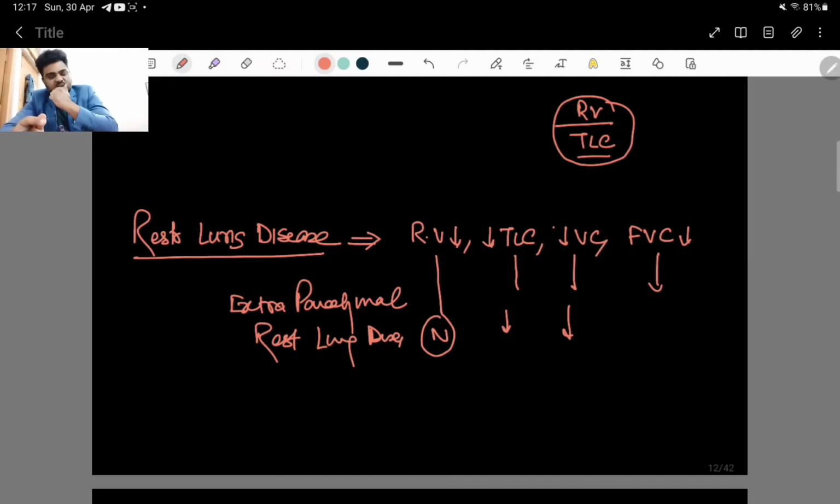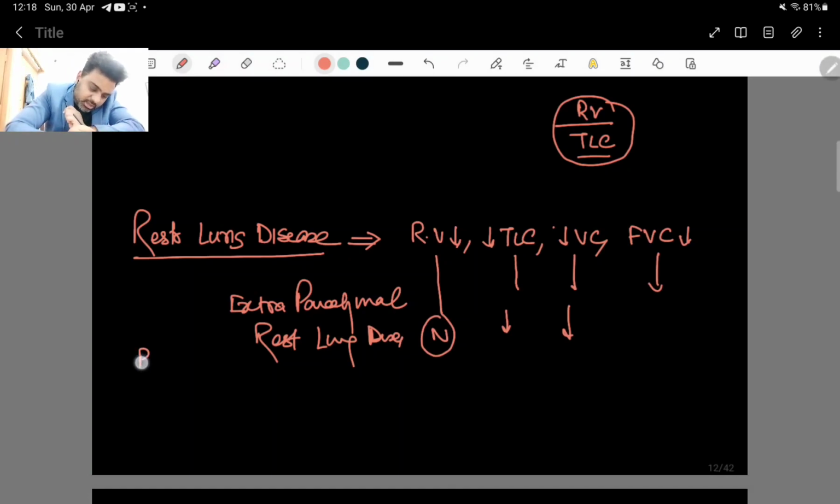So this is very important, that residual volume decreases in restrictive lung disease which is of parenchymal origin. So in parenchymal restrictive lung disease, residual volume decreases, but residual volume remains the same in extraparenchymal type of restrictive lung disease.